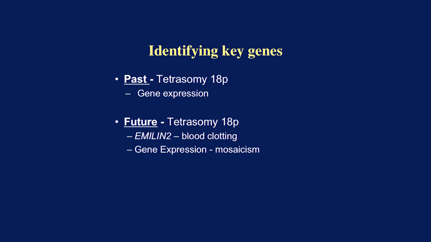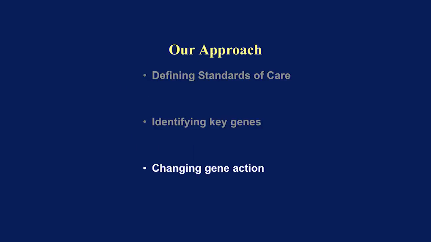So our next approach is to identify people who are mosaic for tetrasomy 18p and get skin samples from them. Then we separate the normal cells from their abnormal cells and then look at the differences in gene expression. But this is a project in need of funding. In addition, we're also looking at the effects of the mLN2 gene on blood clotting in people with tetrasomy 18p. This project does have funding.